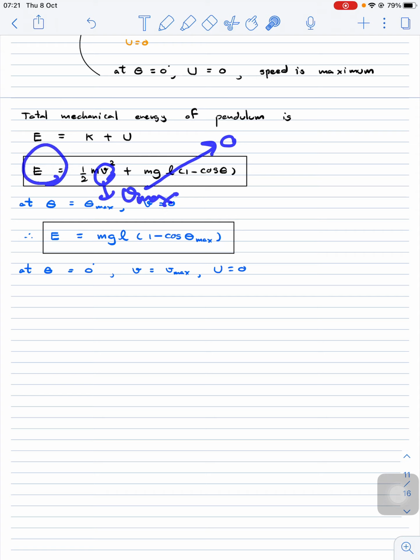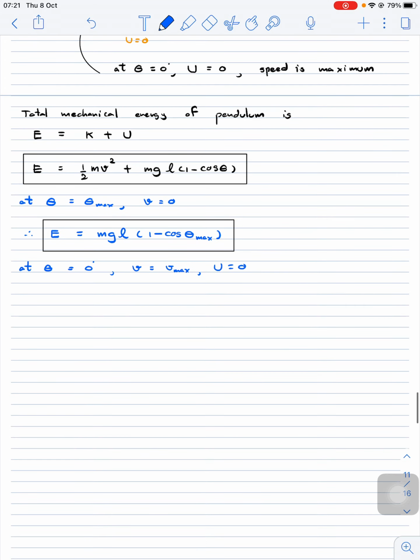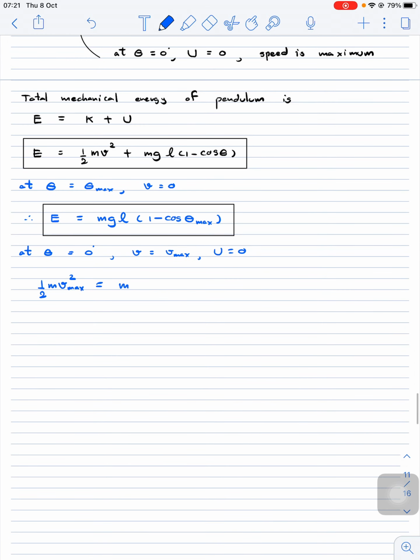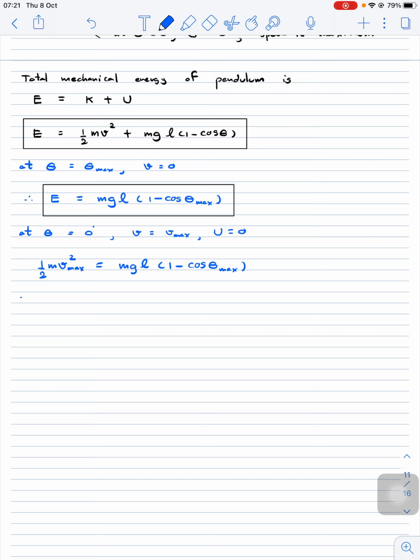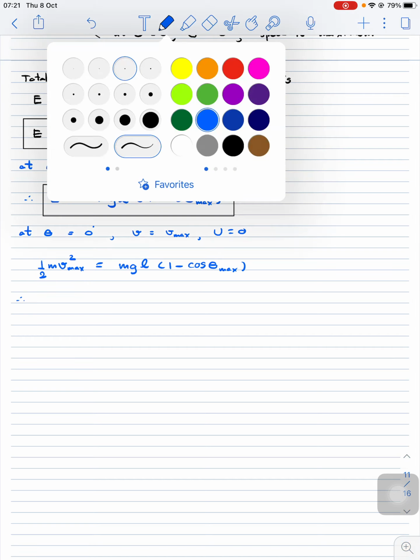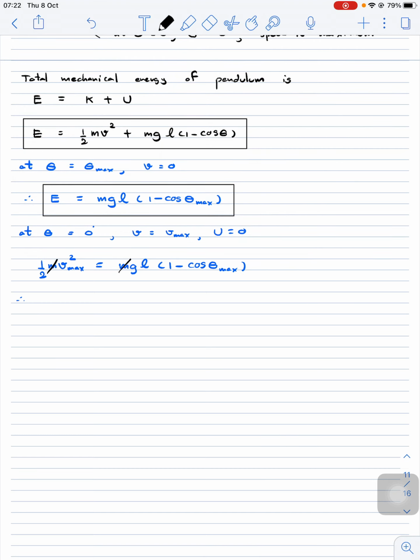But we know that the E here must be constant, equal to this one. Then we have that 1/2 m v max squared must be equal to mg times L times 1 minus cosine theta max. Then finally, if we move the 2 to the right hand side, you can see that the m just cancels out, right?